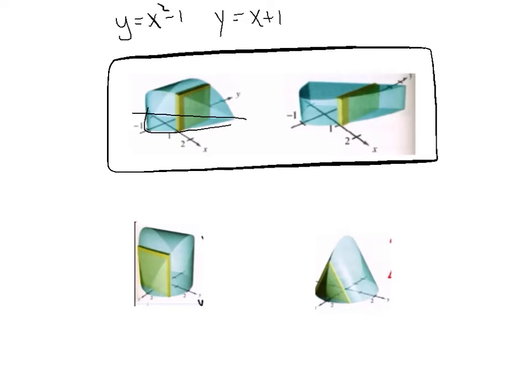And on top of that region we're going to implant these squares that are coming out of the region at us like a hologram almost. And so this one's got square cross sections, creates quite the interesting object, and then this one over here looks like it's got rectangular cross sections.